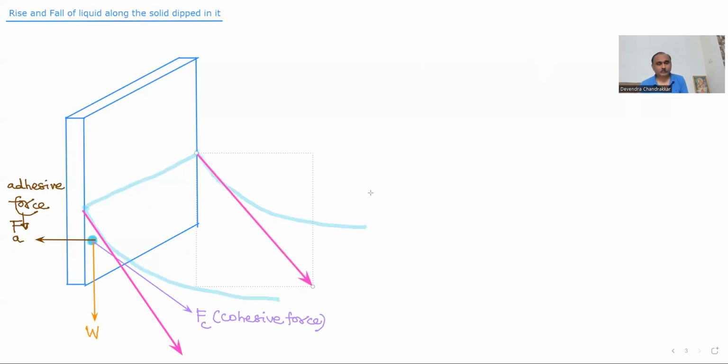Okay. Now this tangential plane is always drawn away from the solid. Remember the statements, remember the conditions, please. So I have drawn this plane away from the solid.